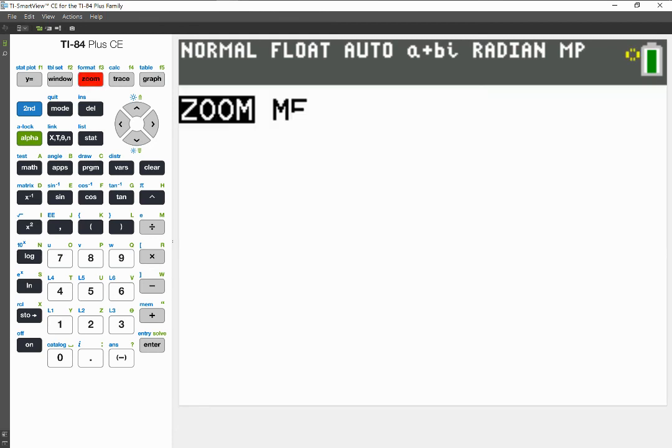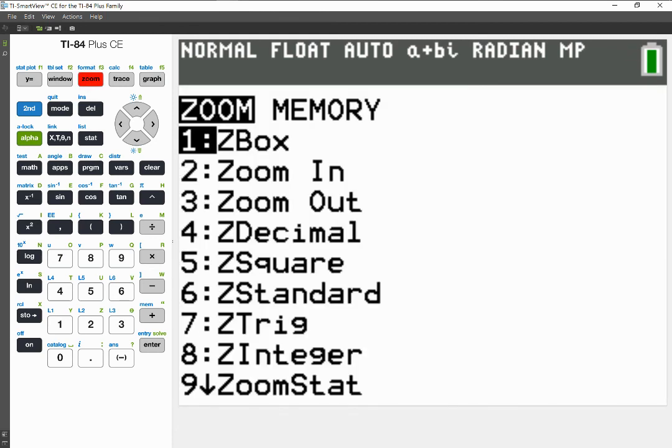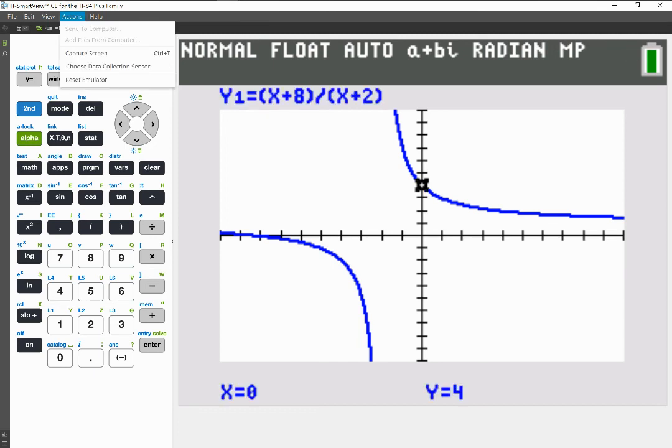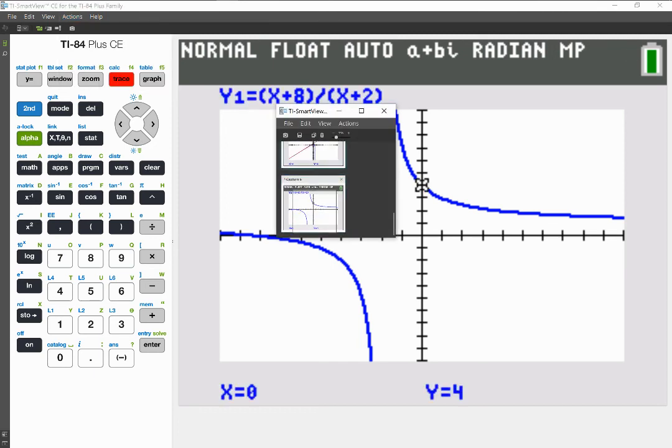And we can go back to a normal zoom, zoom standard, and pretty much see our graph, okay? So I'm going to go ahead and capture this really quickly and put it into our notes.